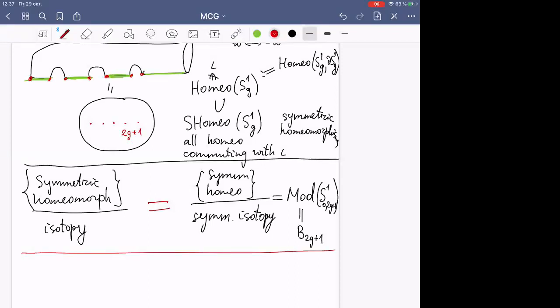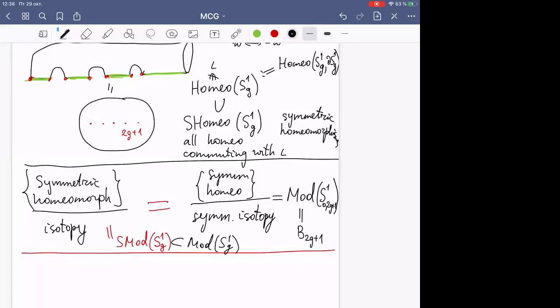All these together, this group is called the symmetric mapping class group of the surface. And it is important to have here usual isotopy, so that this is a subgroup of the usual mapping class group.